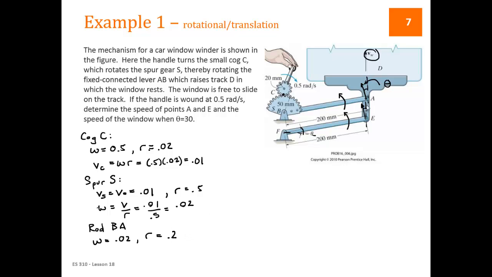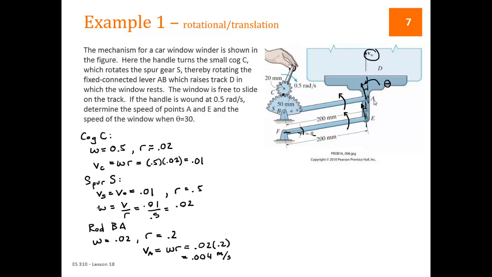So the speed of point A is going to equal omega r, which is 0.02 times 0.2, which equals 0.004. And the units would be meters per second.